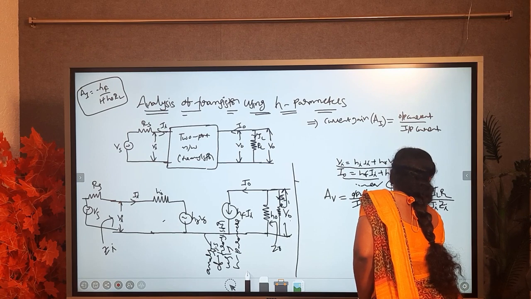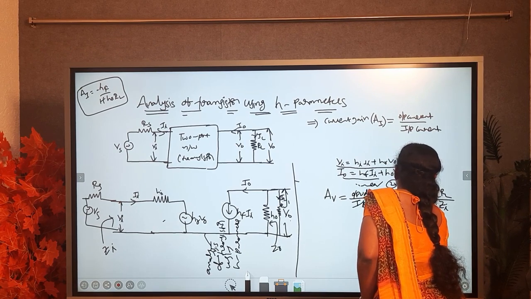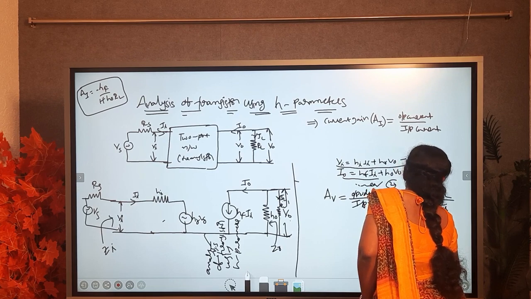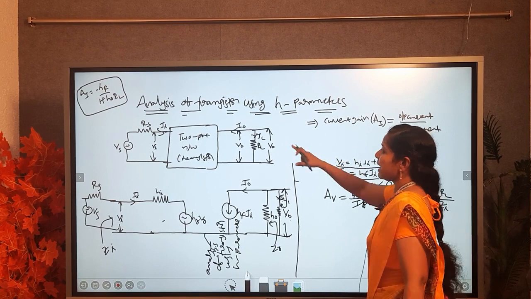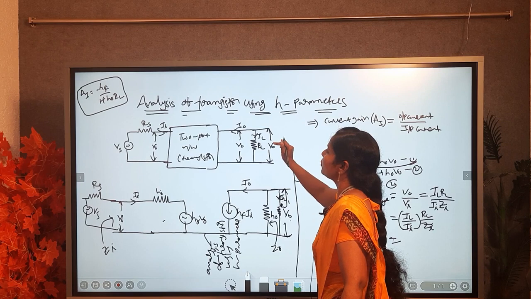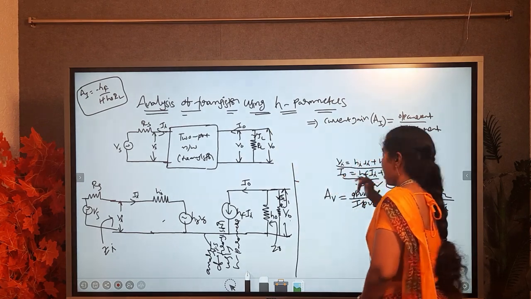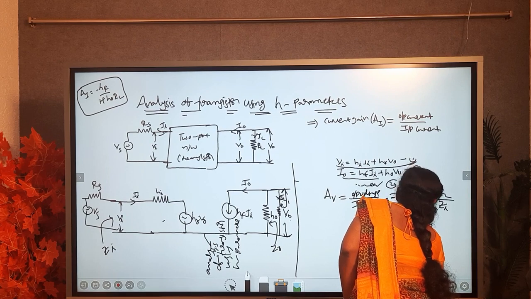Therefore, IL by II into RL by ZI. IL by II, that is IL, the output current, and II means the input current. Output current by input current is the output current gain AI.